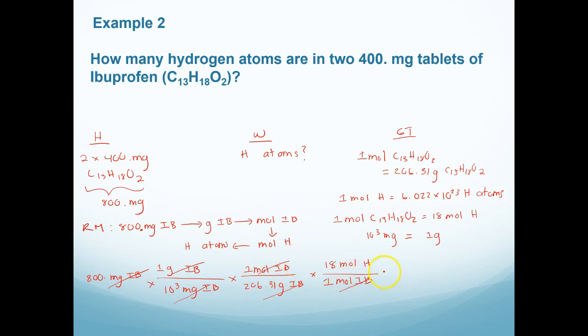And then for every 1 mole of hydrogen, I have 6.022 times 10 to the 23rd H atoms. Okay, so I'm plugging that into my calculator, and when I do, I should get this with 3 significant figures. And again, since I'm tiny little particles, it makes sense that it is a big number.